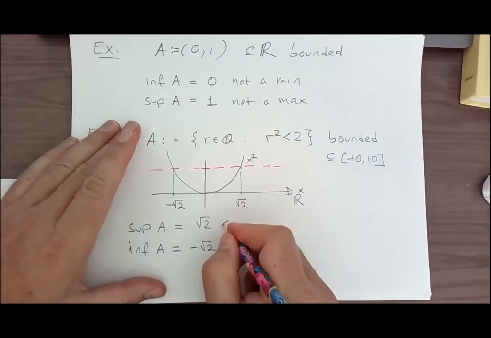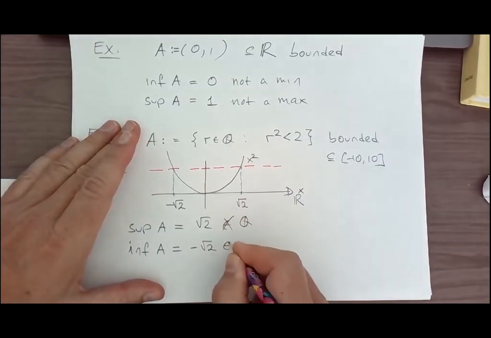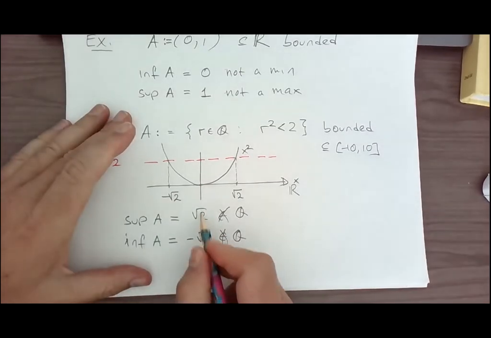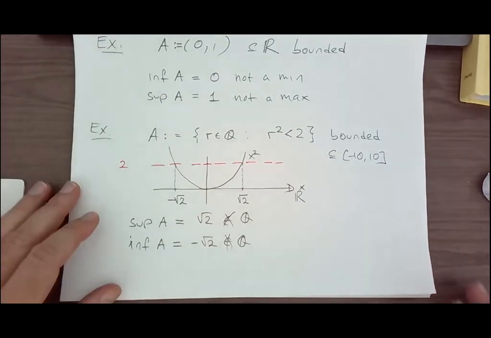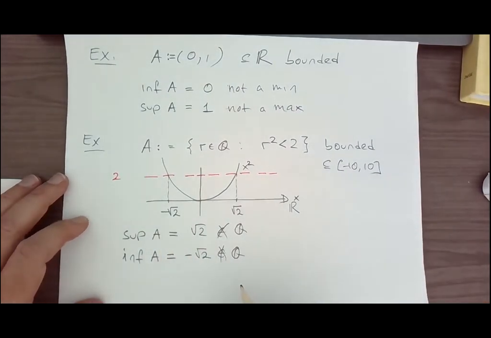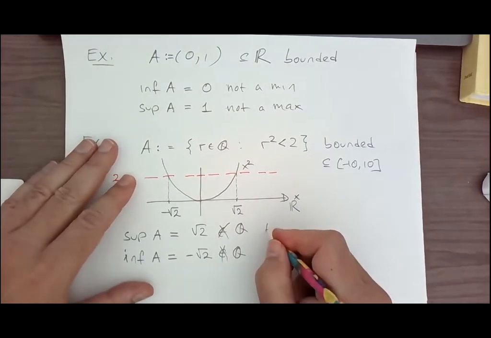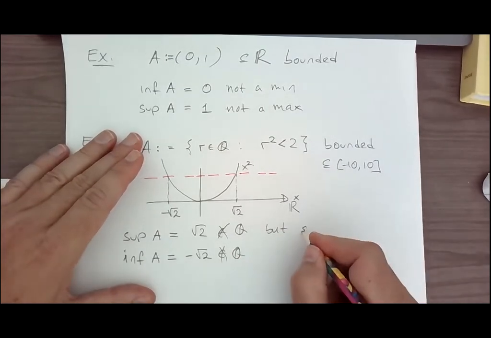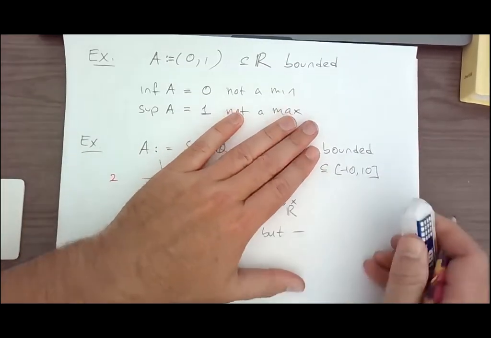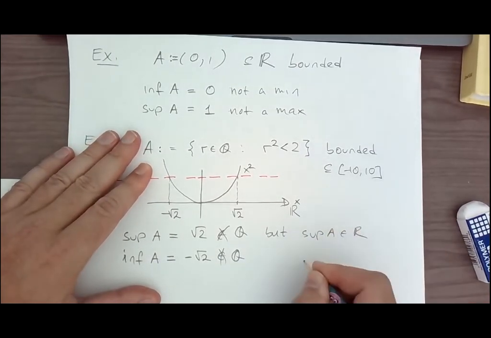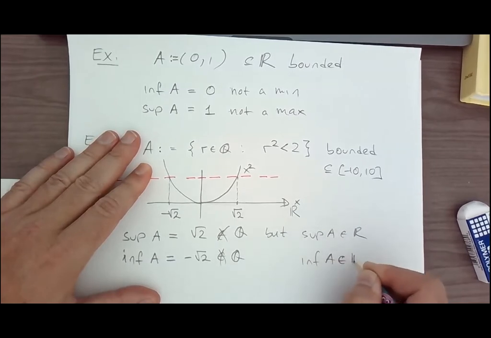And these things here, they're not in Q. That was the first thing that we did. But they are going to be in R by this axiom that Abbott wants us to use. Because they are the supremum and the infimum. The supremum is indeed in R, and the infimum is also in R.